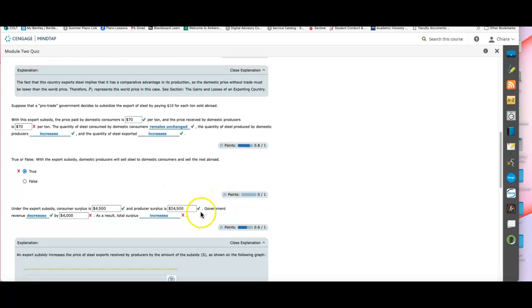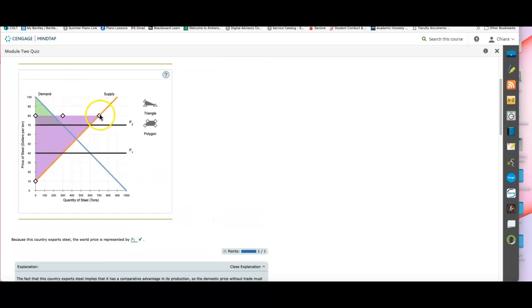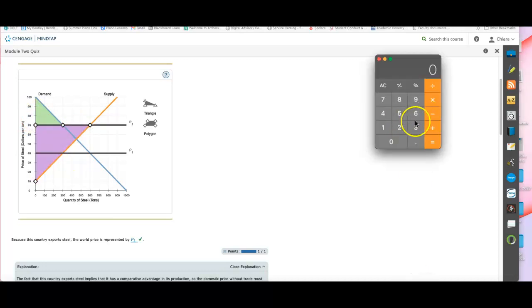But originally, remember, it was $18,000. So when we calculate the difference, $24,500 minus $18,000, it has increased by $6,500.